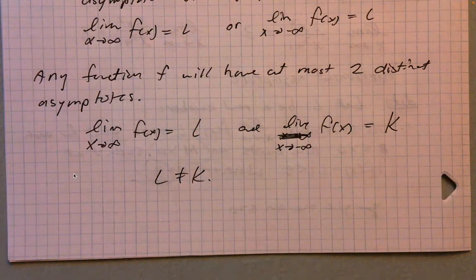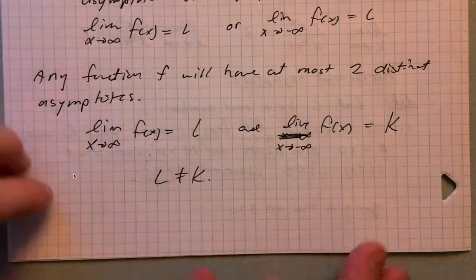But there's no additional possibility. As the function grows without bound, it maybe approaches a value, and as the function decreases without bound, it maybe approaches the same value or possibly a different value. But there is no other option for a horizontal asymptote.